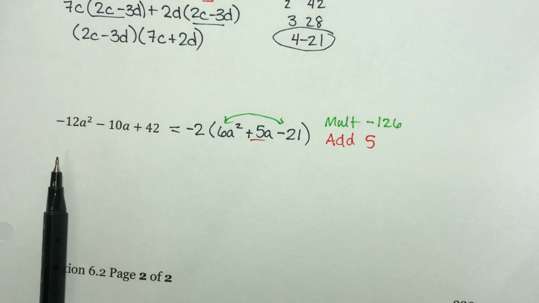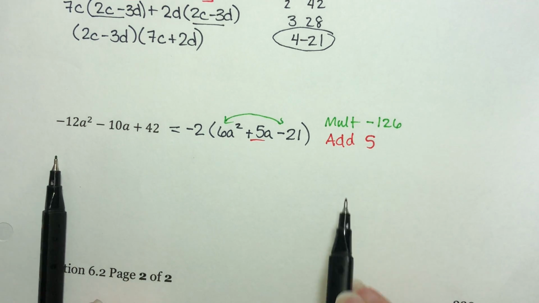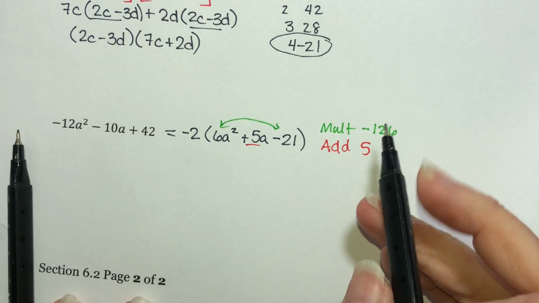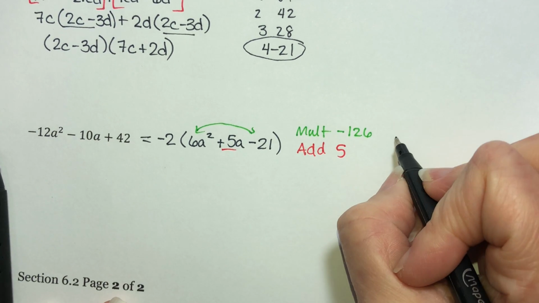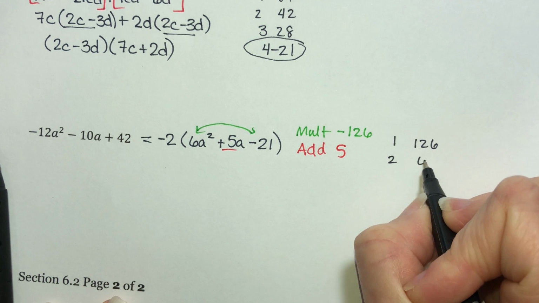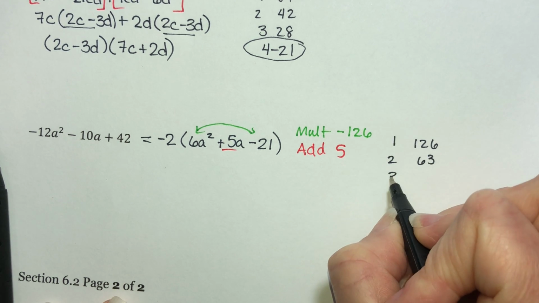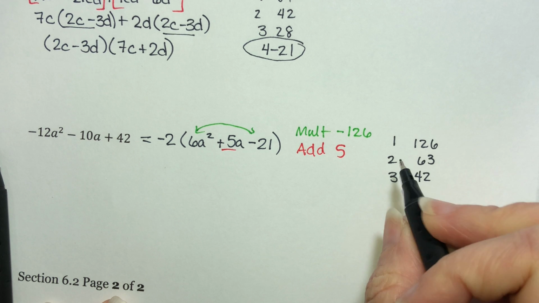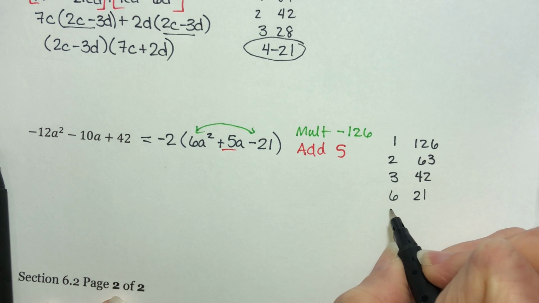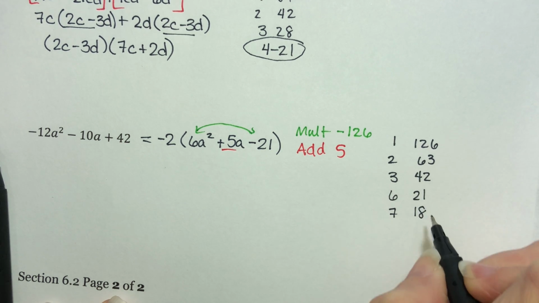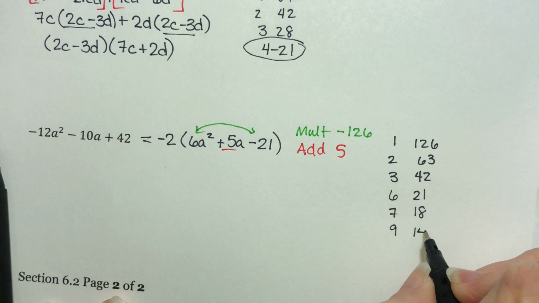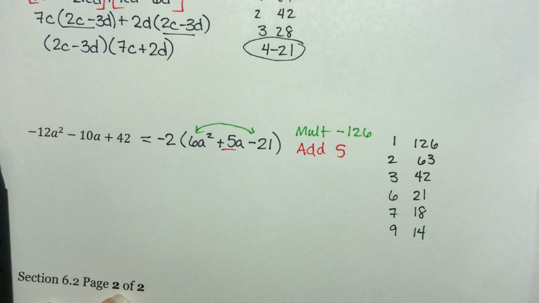So I start listing things that multiply to 126: 1 and 126, 2 and 63, 3 and 42, 6 and 21, 7 and 18, and then 9 and 14, and I think that's all.